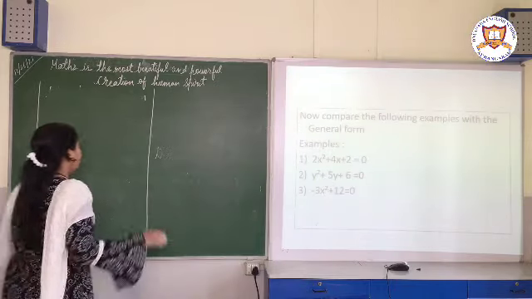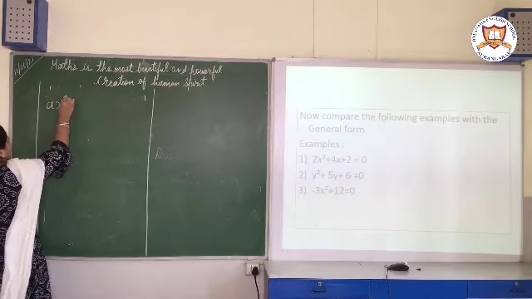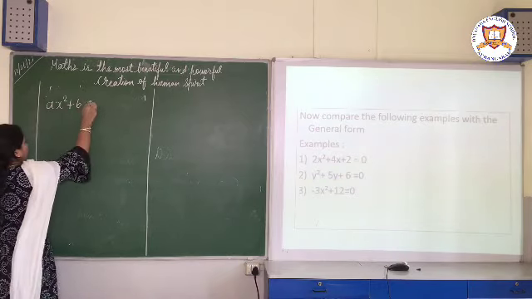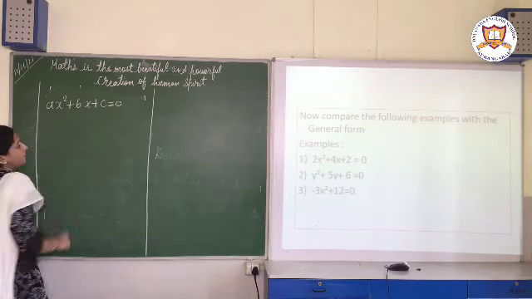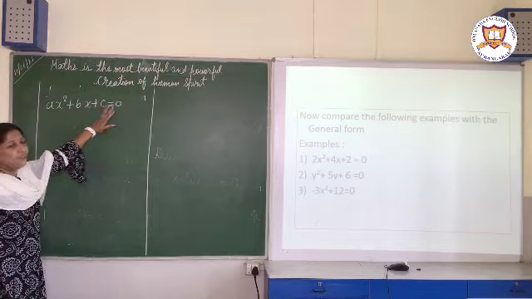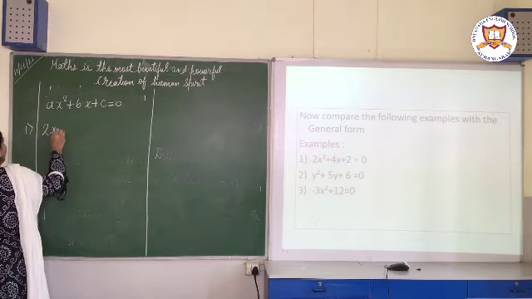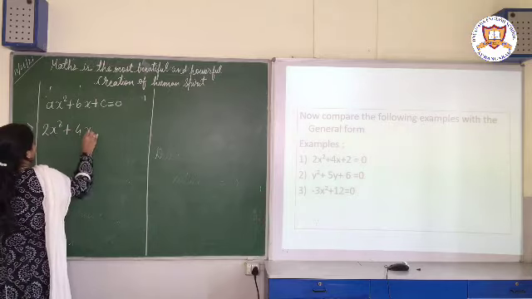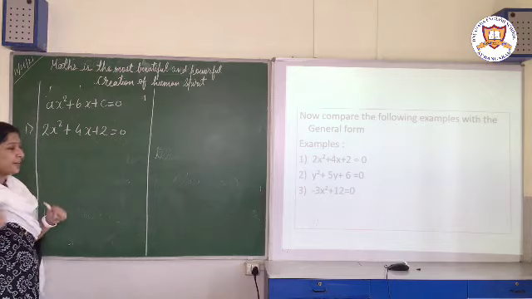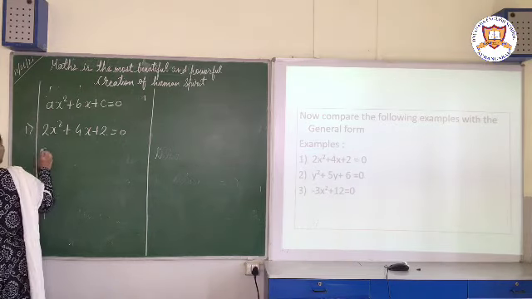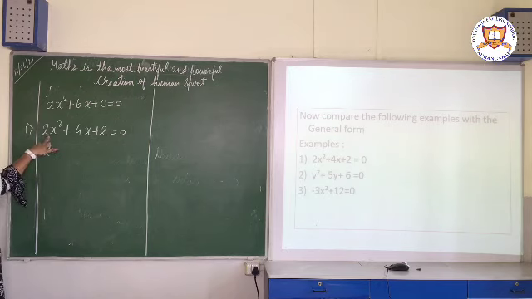Now let's compare some examples with this standard form. If we take the first example as 2x square plus 4x plus 2 is equal to 0. As we already revised it for linear equation, here what will be the value of A? The value of A will be 2.